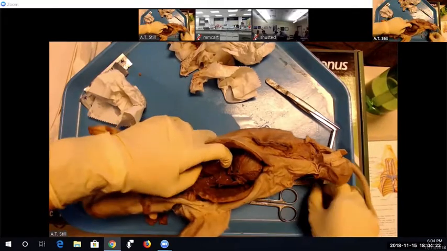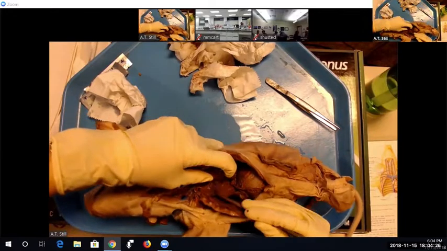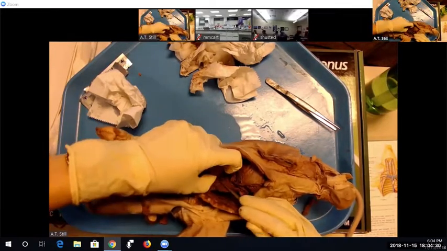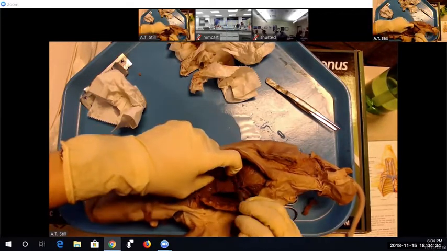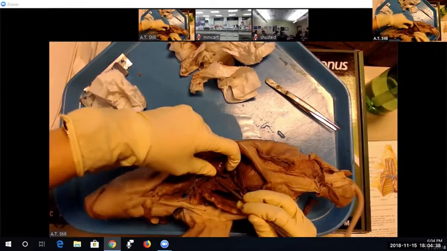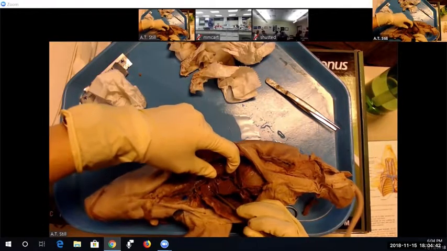Okay, so right here, you can see some of these blue vessels that are taking the deoxygenated blood. So these are your pulmonary arteries. They're taking the deoxygenated blood from the heart to the lungs to be oxygenated in the lungs.